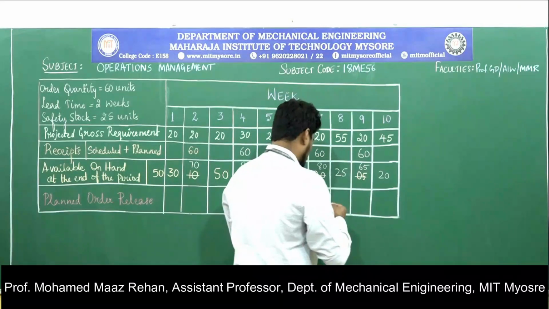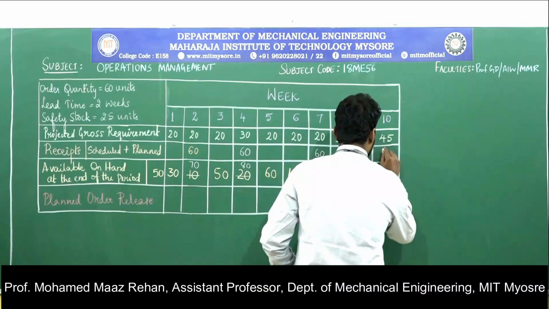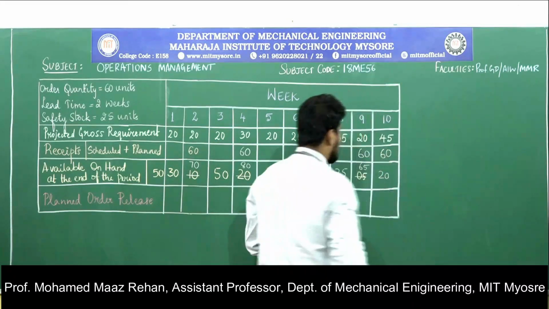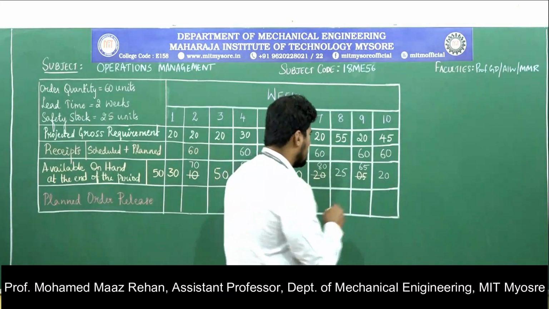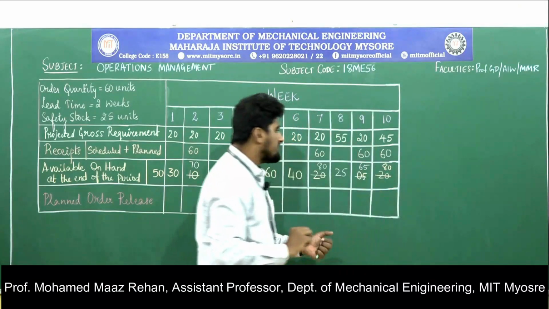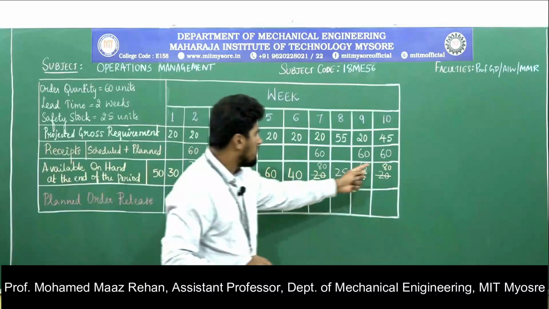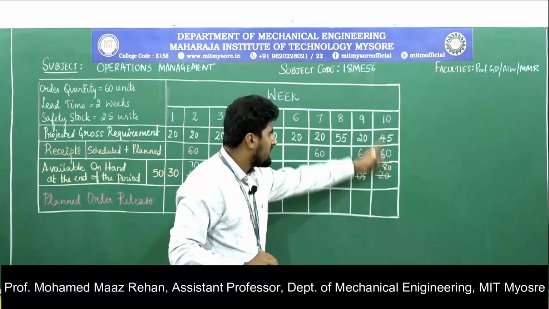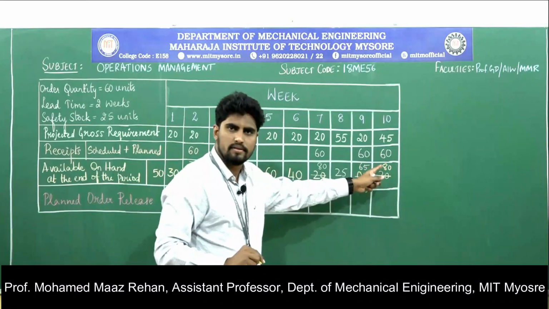So you need to place an order in the 10th week, that is 20 plus 60, that is 80 units. This is how you need to solve the problem. So the inventory at the 10th week is 80 units.